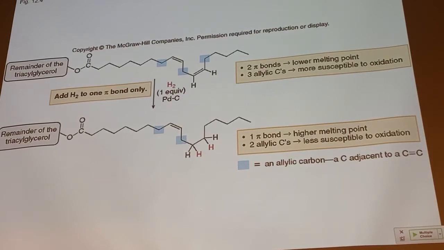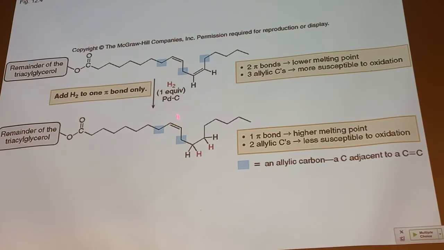Earlier, we've learned the vocabulary word allylic, which refers to an sp3 carbon attached to an sp2 carbon. Anytime you have internal alkenes, you have allylic carbons, and those allylic carbons are susceptible to oxidation by oxygen in the air. And as we will learn in chapter 15, since that's a radical process, that air oxidation is what makes unsaturated fatty acids or oils go rancid.